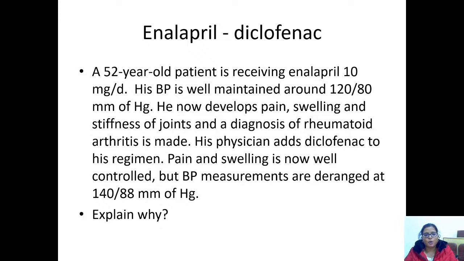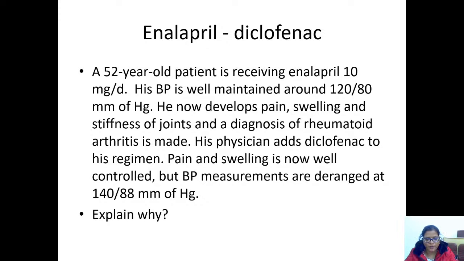A 52-year-old patient is receiving enalapril 10 milligram per day. His blood pressure is well maintained around 120 by 80 millimeter of Hg. He now develops pain, swelling and stiffness of joints, and a diagnosis of rheumatoid arthritis is made.